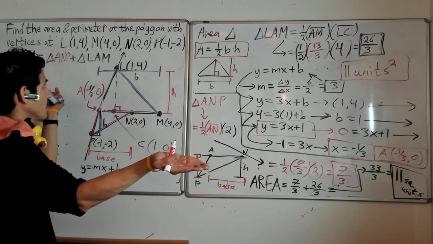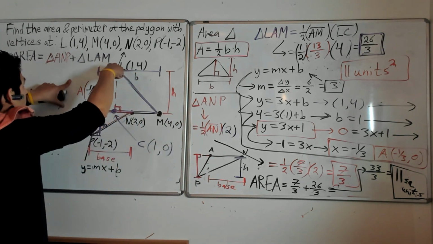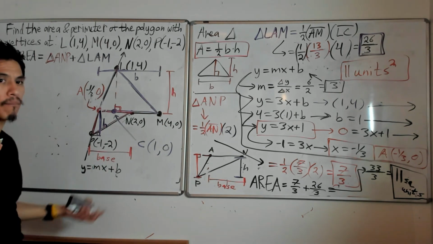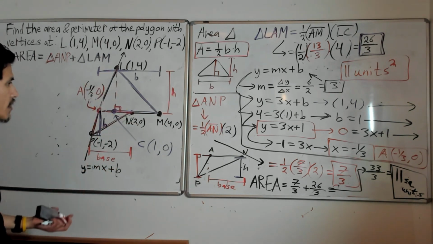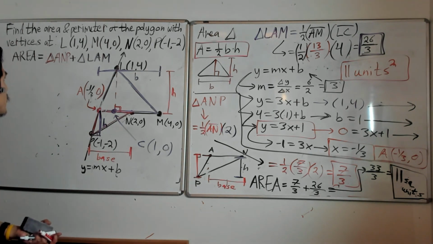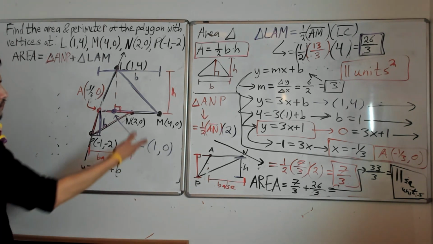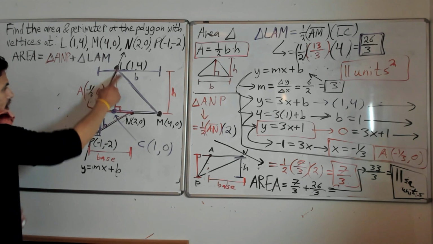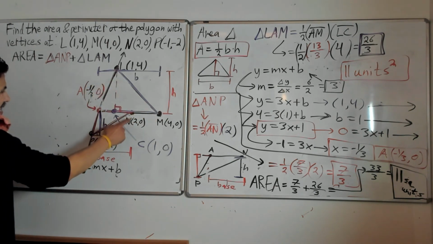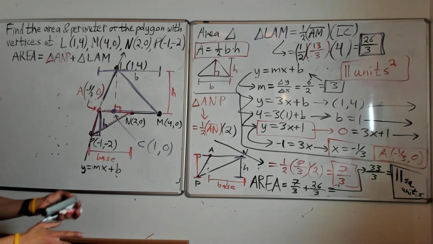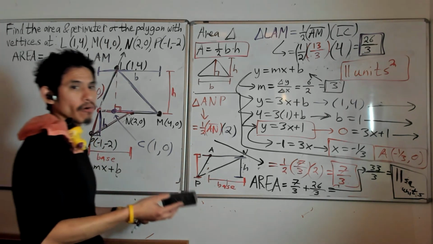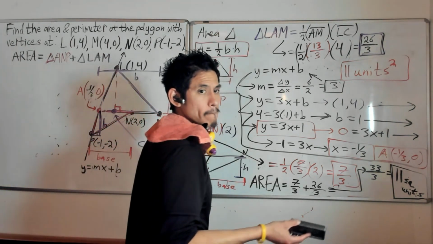So that's really the tough part about this problem. Now the perimeter. We just add the side lengths. All we do is add up LM, MN, NP plus LP. I'm going to erase this part.